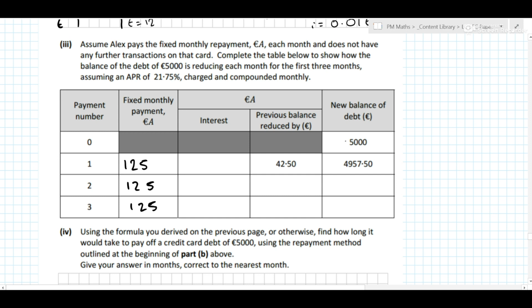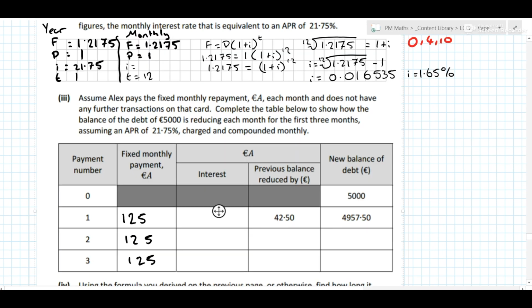Now we need to find the interest. To find the interest, we need to find 1.65% of the €5,000, which happens to be 82.50.